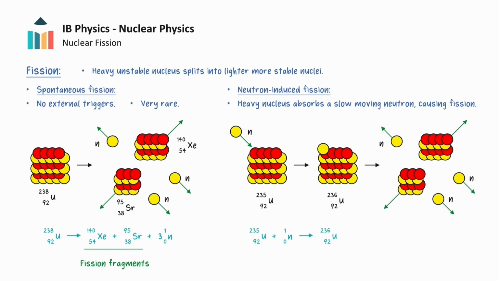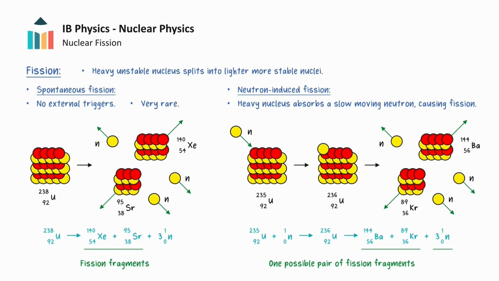This will undergo fission and can split into barium-144 and krypton-89, along with free neutrons. Note that the fission products shown in the fissions on this slide are just two of the many possible pairs of products from uranium-236, and the number of neutrons released can also vary as a result.